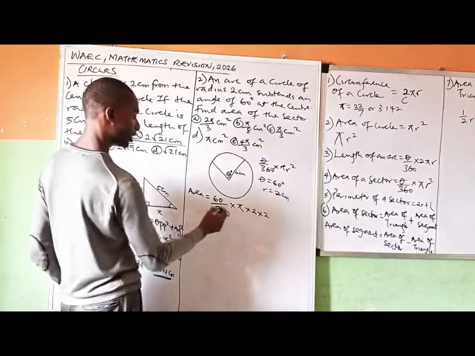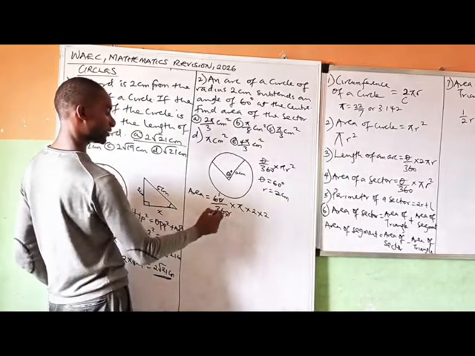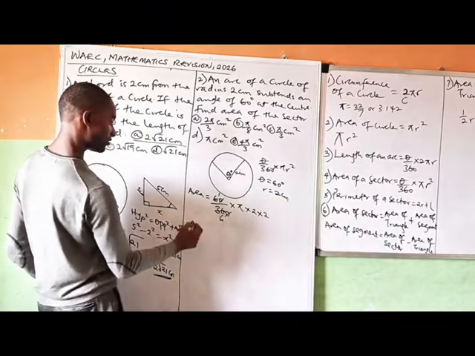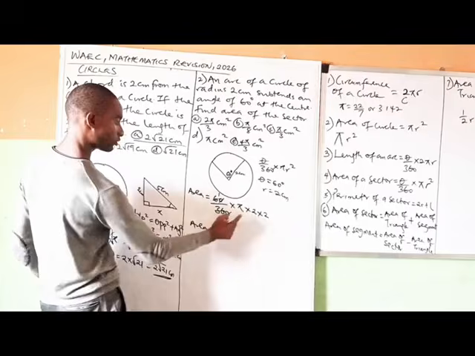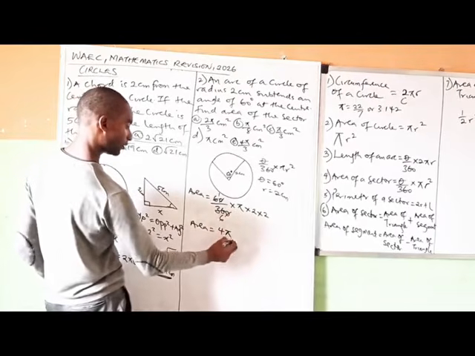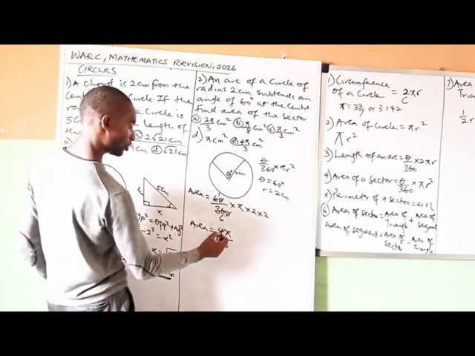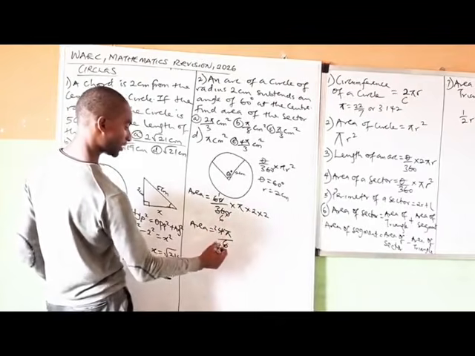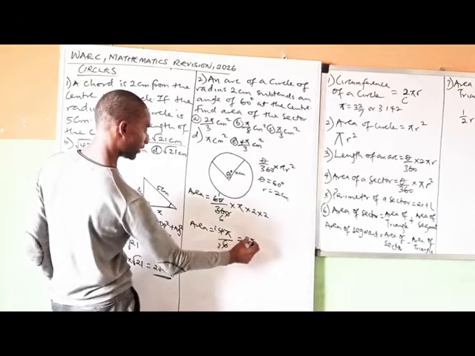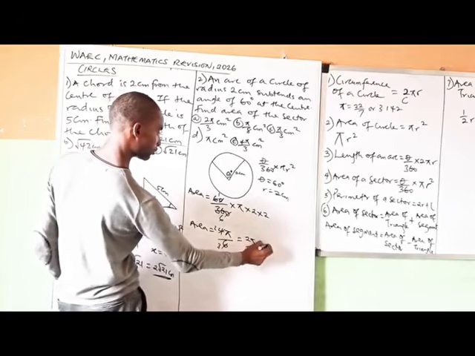That's 2 times 2. The 6 here cancels, 1 here, 6 here. So the area is equal to 2 times 2, 4 pi over 6. 2 in 4, 2. 2 here, 3. So the final answer is 2 pi over 3 centimeters squared.